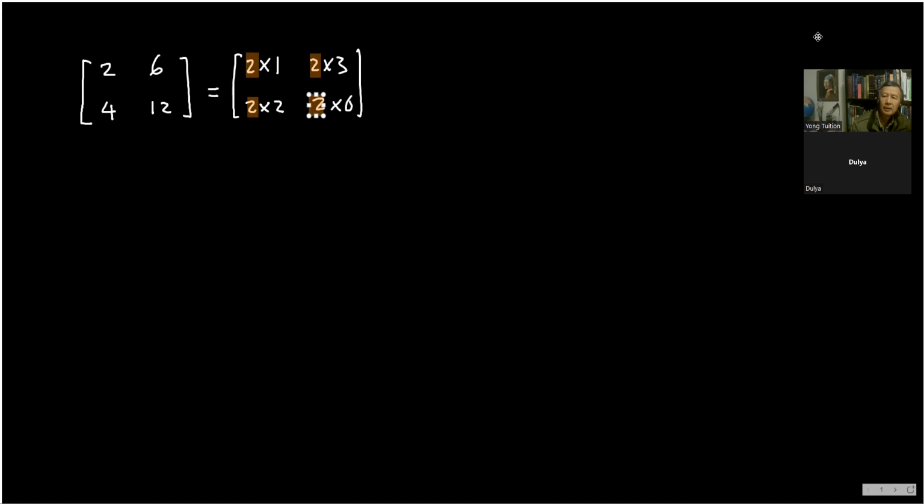If that is so, what can we do? You can put these 2 outside, the cofactor. This is the cofactor. Of course, is that all we have to do? If the question is just how to factorize a given matrix, that's how to do it.